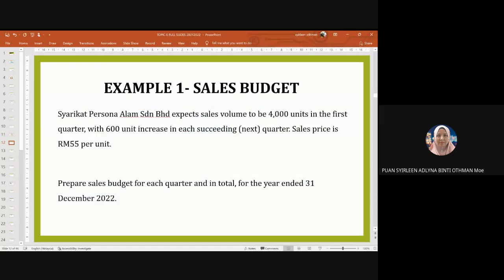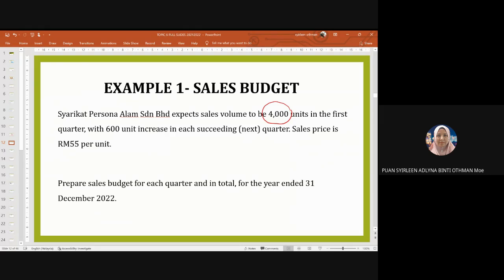Okay, kita buat contoh dulu. Alright, this is in your notes. Okay, syarikat pesona alam expect sales volume to be 4,000 unit in the first quarter. Okay, so quarter pertama kita anggarkan 4,000 unit. Okay, alright.